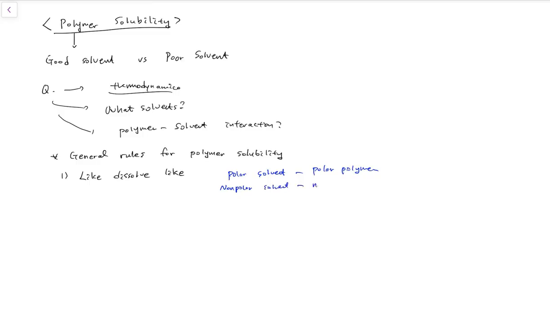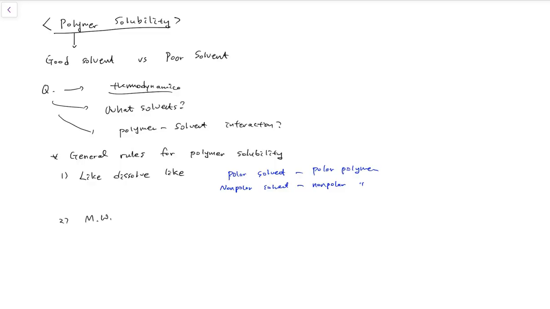Non-polar solvent will dissolve non-polar polymer, right? Like dissolves like. Any solvent which can form hydrogen bonds will dissolve polymers with, for example, hydroxyl groups, something like that. Okay, that's the first rule.